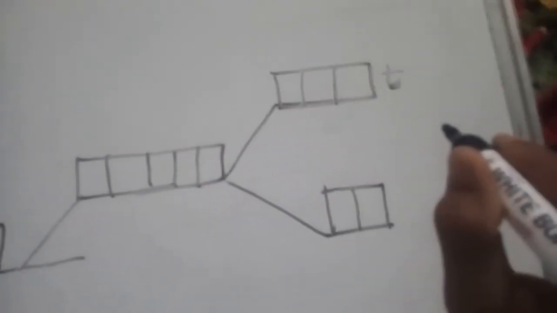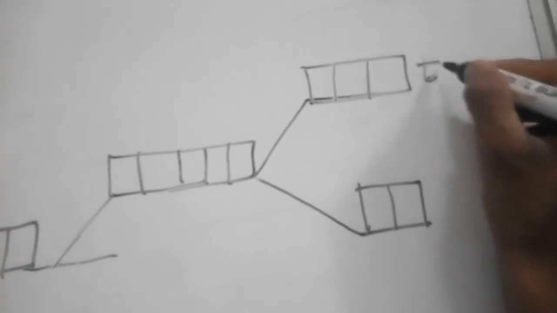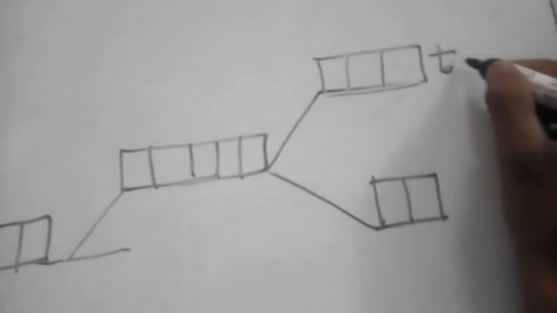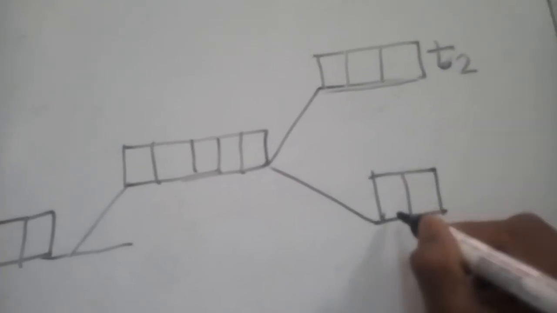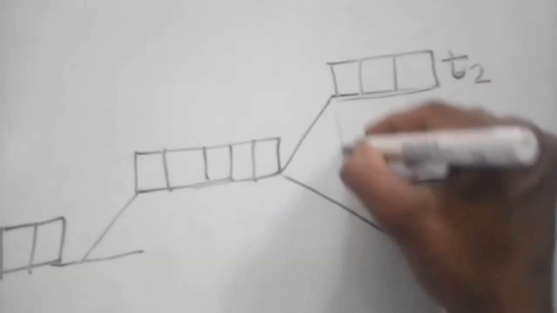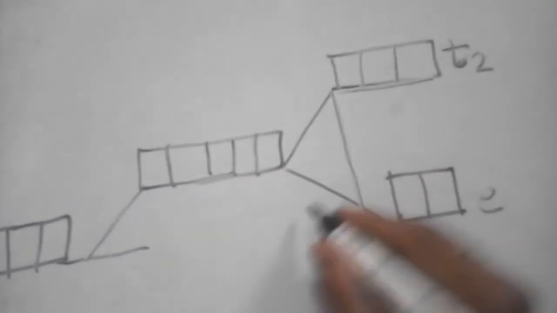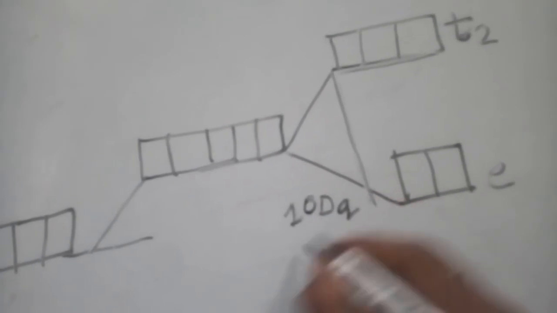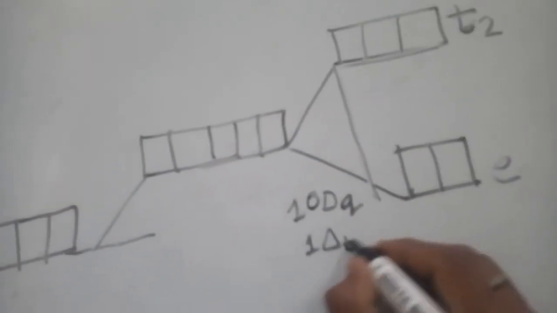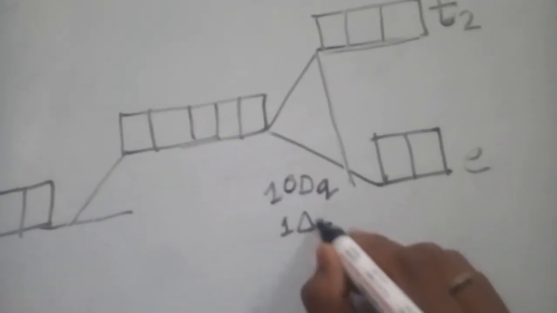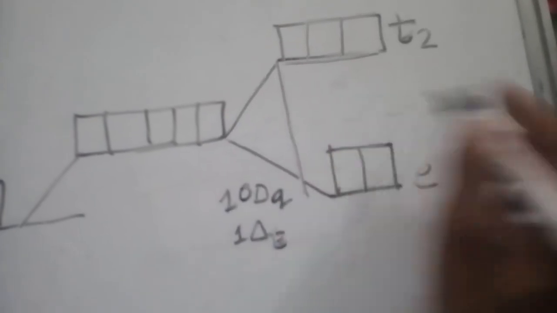In tetrahedral complexes, we call the three degenerate orbitals T2, and the two degenerate orbitals E. The energy difference between these two states is 10 Dq, or delta T. This is the barycenter.